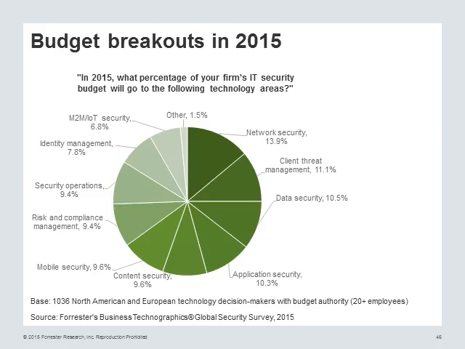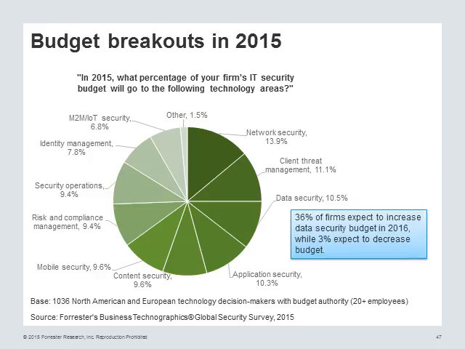These breakouts will definitely vary a bit depending on the individual firms, but at a high level and on average, this is what we're seeing today. And over the years, this has become a lot more evenly distributed than we've seen in the past. It used to be very heavily weighted towards network security as well as data security, but now we have a lot more different categories that people are spreading out for.